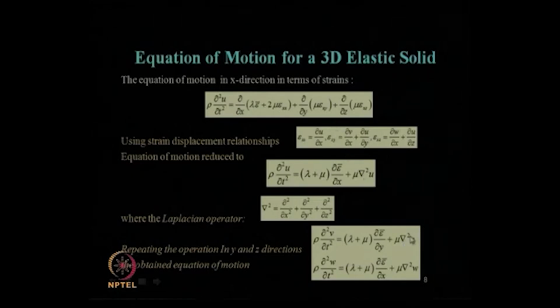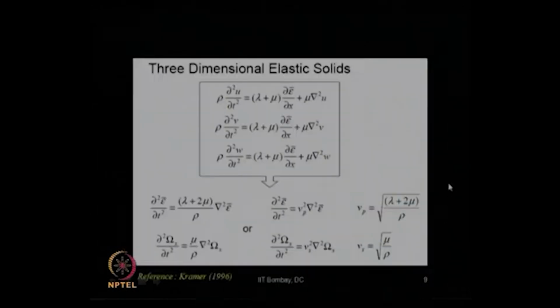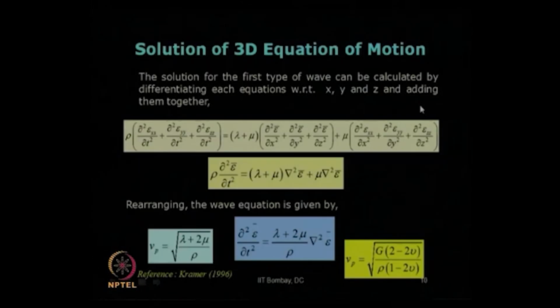Now it changes to v for the y direction, and for the z direction it will be rho times del square w by del t square equals lambda plus mu into del epsilon bar by del z plus mu times grad square w. Okay, so these are the 3 dimensional equations which we have seen just now.